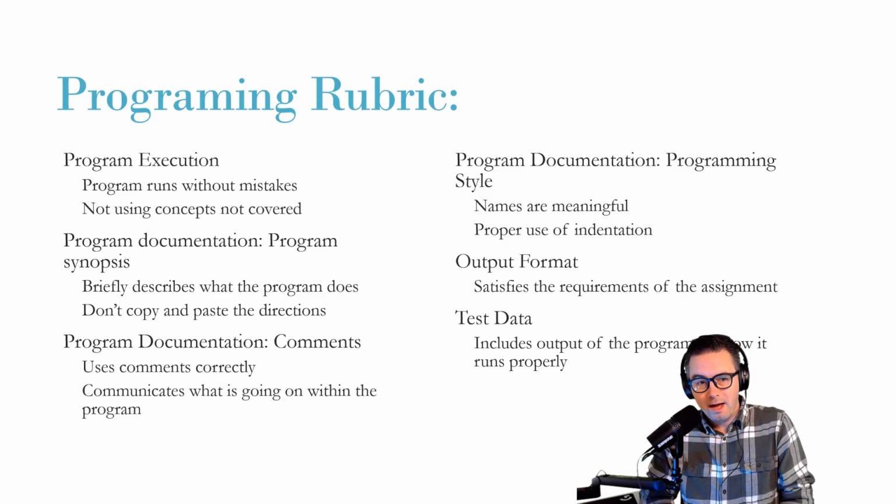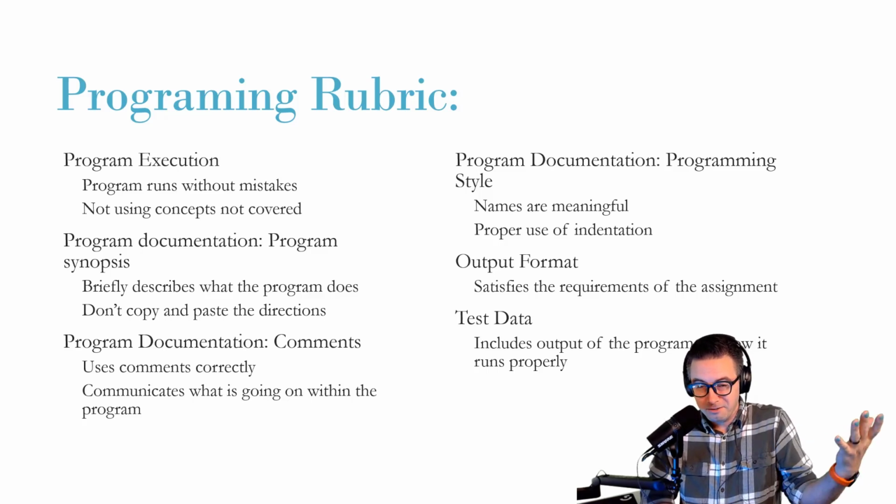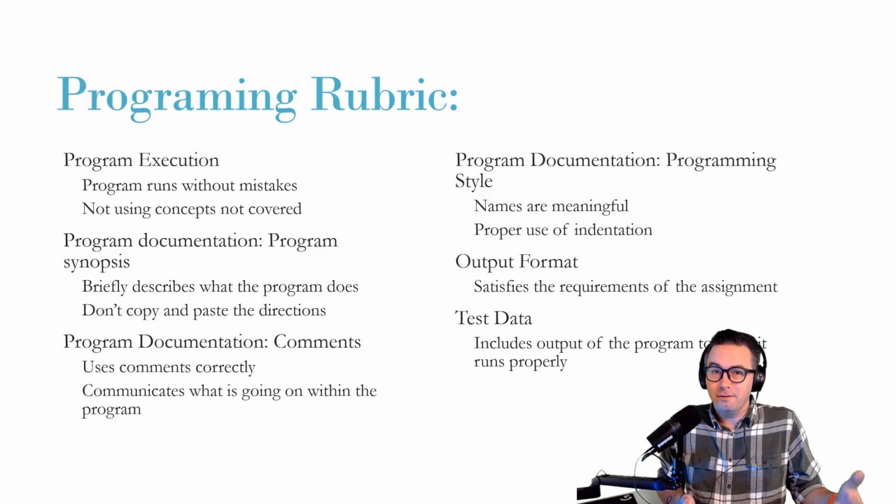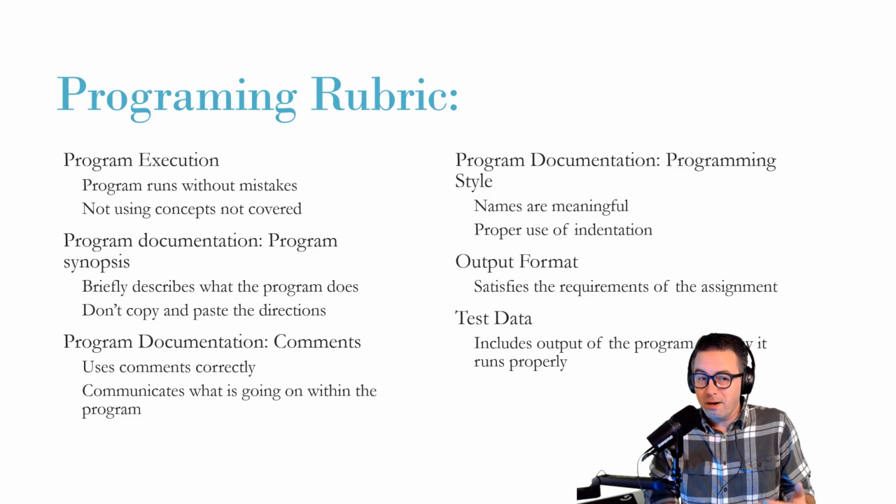Okay. Let's see. Make sure you also include comments. Comment correctly. I don't want to see a comment for every single line of code, but I also want to make sure I see comments in your code. So somewhere in between no comments and too many comments is a healthy level of comments. That's something you learn to do as you go along. What I'm just trying to get you to do is comments. I'm pretty lenient with what counts as comments.